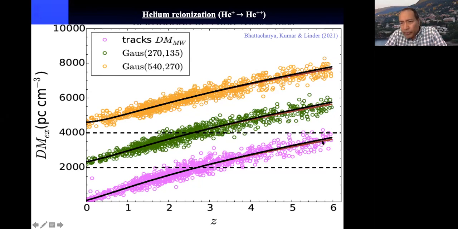You can probably just barely see these two different curves, black and red. And they correspond to helium reionization at slightly different redshifts. But you can tell them apart when you have about 1,000 FRBs, but with known redshift, between redshift of 3 and 6.